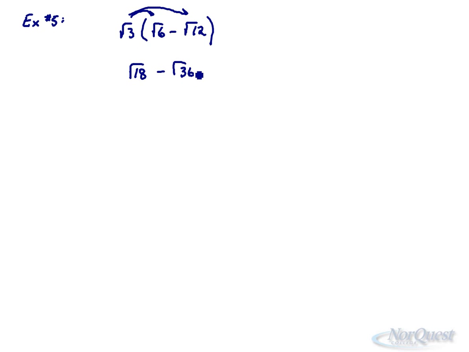Well, root 18 has a perfect square in it as root 9 times root 2. Root 36 is a perfect square. That's 6. Square root of 9 is 3, so 3 root 2 minus 6. They are not like terms, so you can't collect them any further. This is considered to be simplest form.